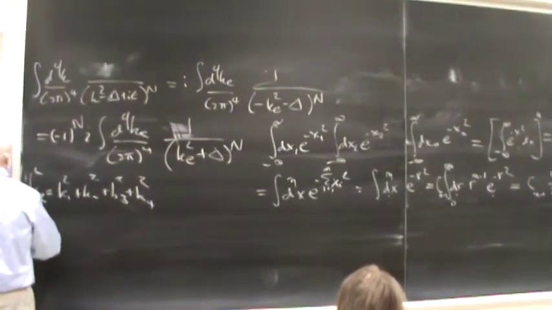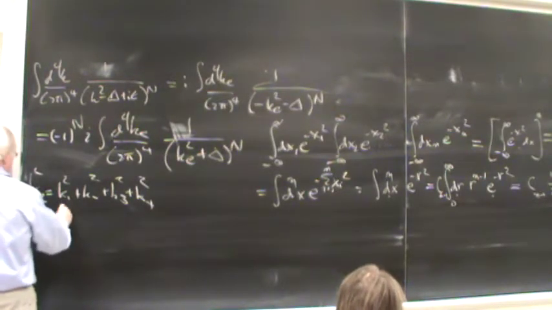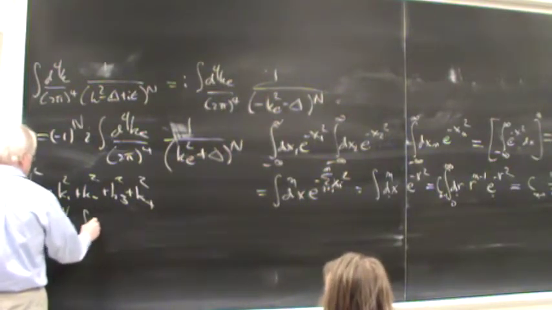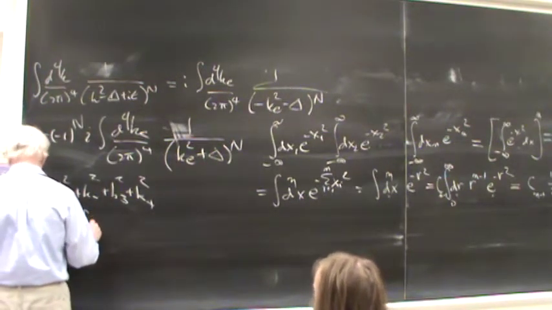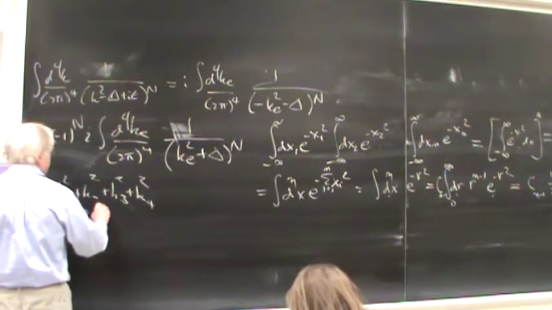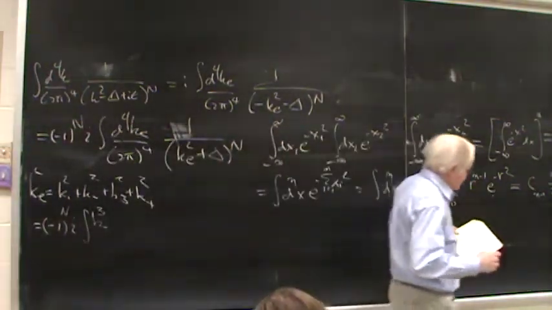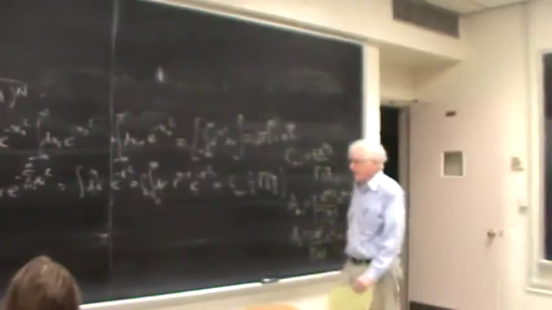This integral then is minus 1 to the capital N, i, and now it's an integral of k cubed times this C3, which is 2 pi squared.